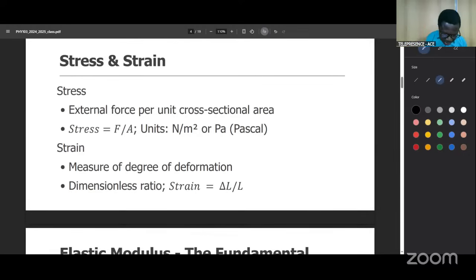And strain is dimensionless, that is, it does not have a unit, because the change in dimension will be in meters, and the original length will also be in meters. So at the end of the day, strain is dimensionless, and it's a measure of the degree of deformation.